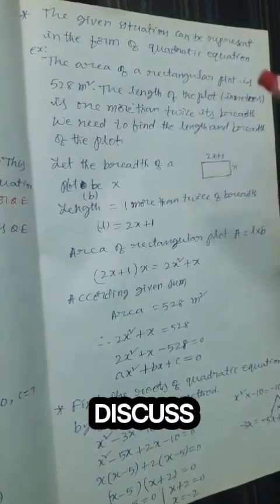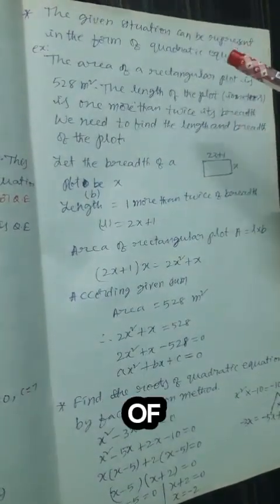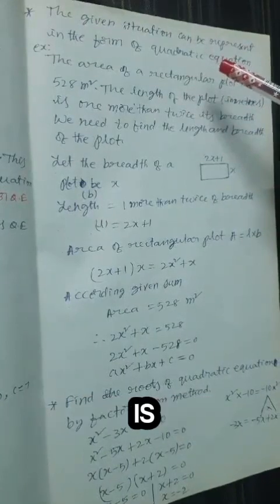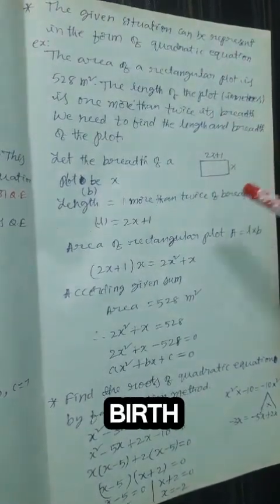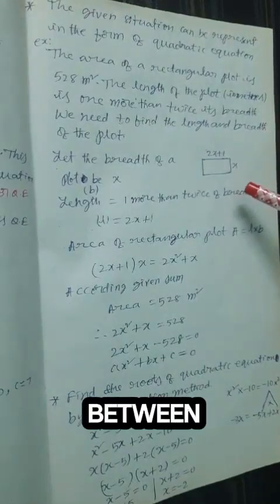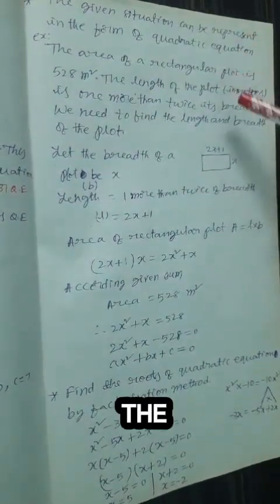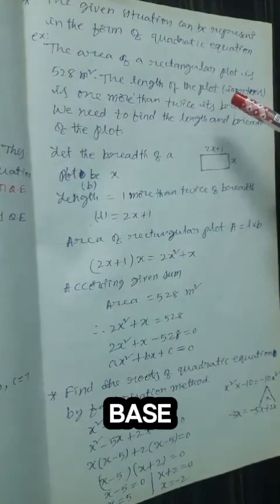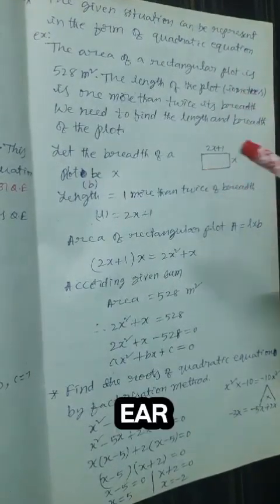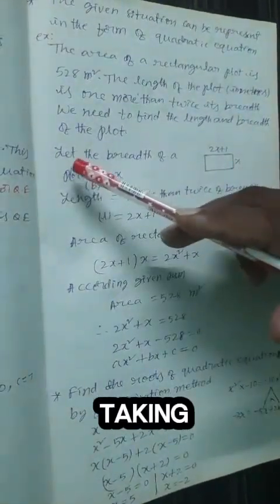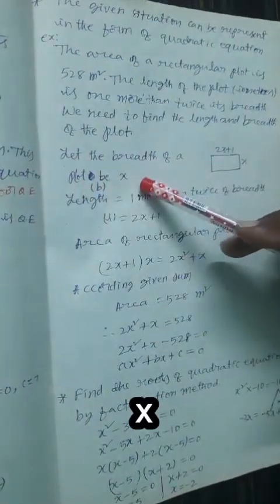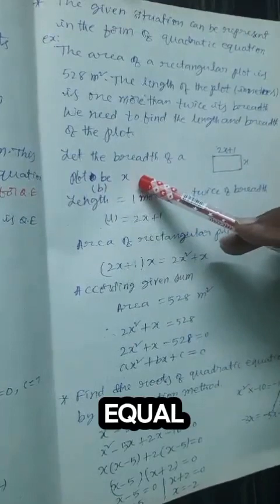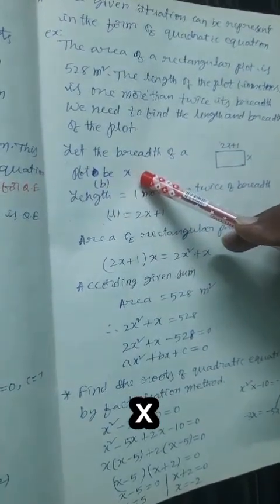So let us discuss. First of all, the given condition is a rectangle, length and breadth are given. The relation between length and breadth is given in the question. First of all, the base is x. That's why we are taking, let the breadth of the plot be x. That means b is equal to x.